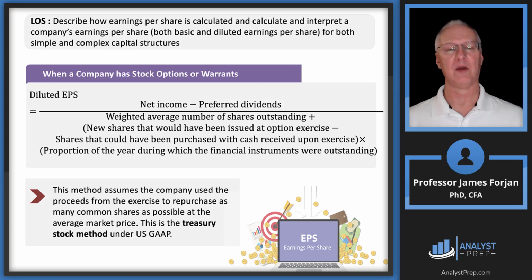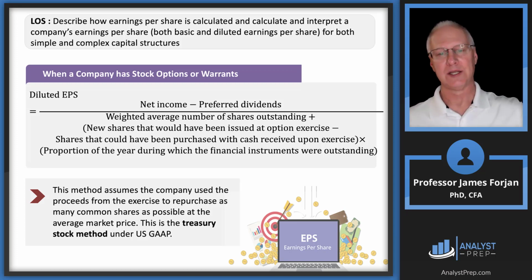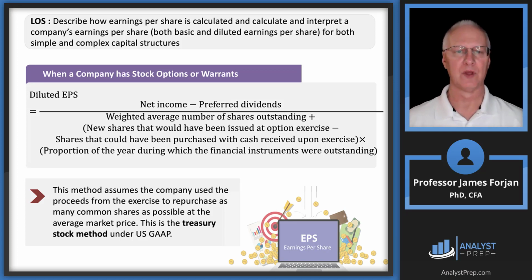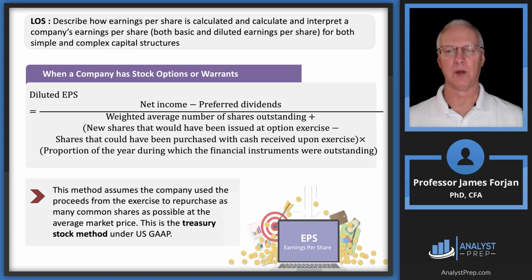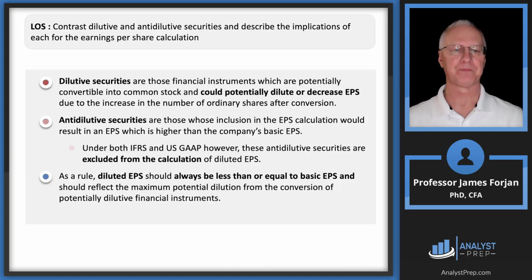And so when executives buy stock options or exercise their stock options, they take those shares that are in treasury stock and sell them to the executives rather than issuing new common shares. I don't know if that's too terribly important, that distinction, but just remember, this is called the treasury stock method.